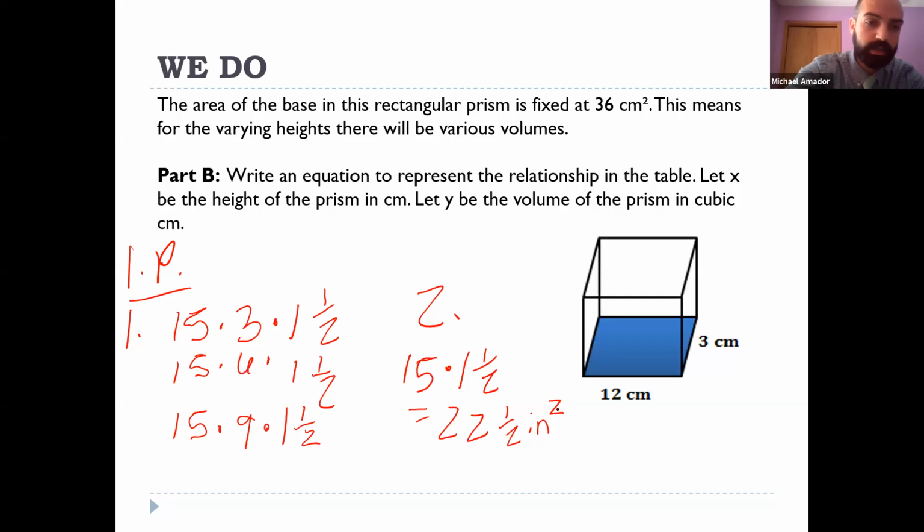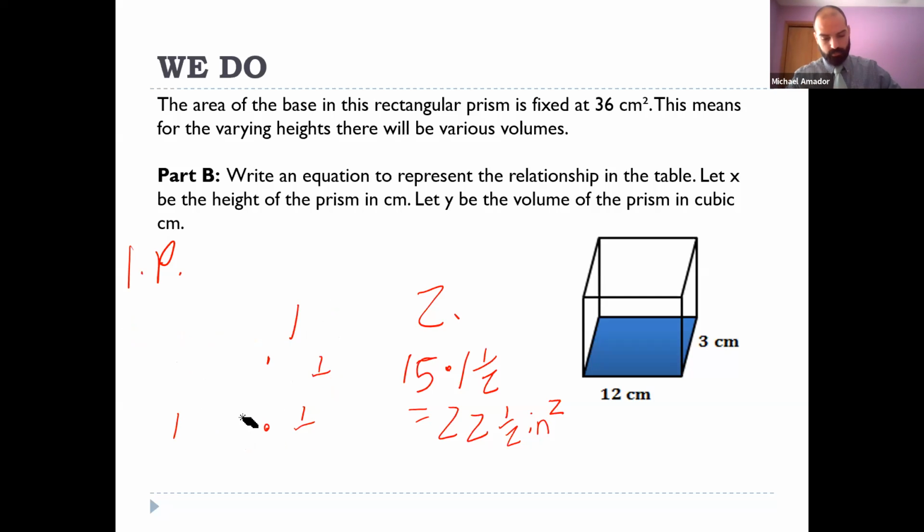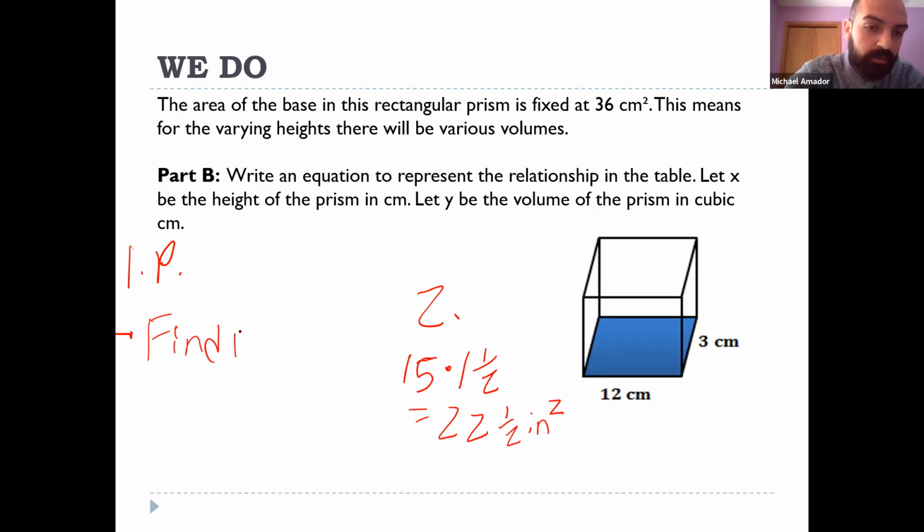And for number 3, determine the sum of all of the volumes. This is where that strategy work would be really important. So the sum of all the volumes, basically, find the volume of each. So my list would look something like that. Find the volume of each, and then add all volumes.